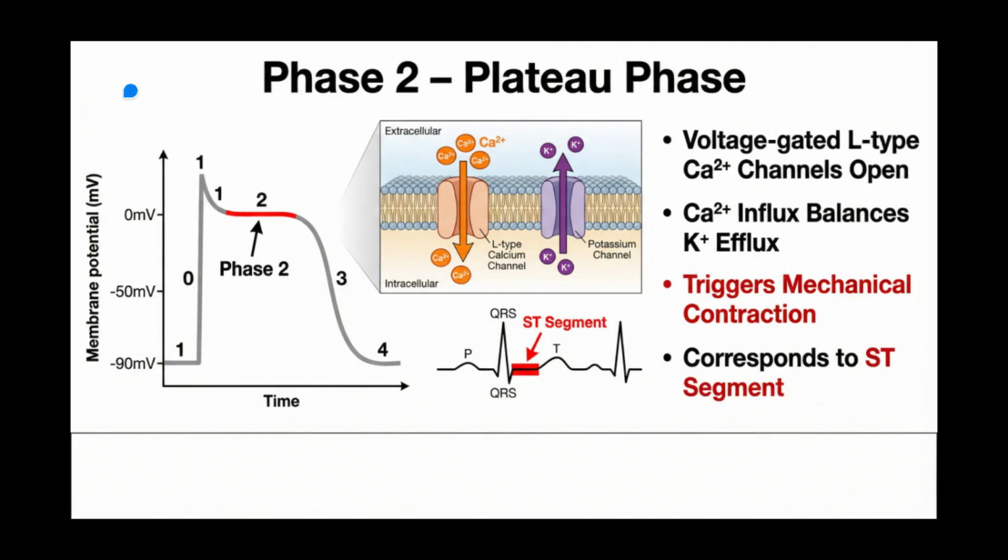This leads to excitation-contraction coupling. This is when the ventricular myocyte actually contracts. On ECG, phase 2 corresponds to the ST segment. Critical concept: the ST segment represents the plateau phase during which mechanical contraction occurs. This is why ST elevation reflects myocardial injury affecting the plateau.